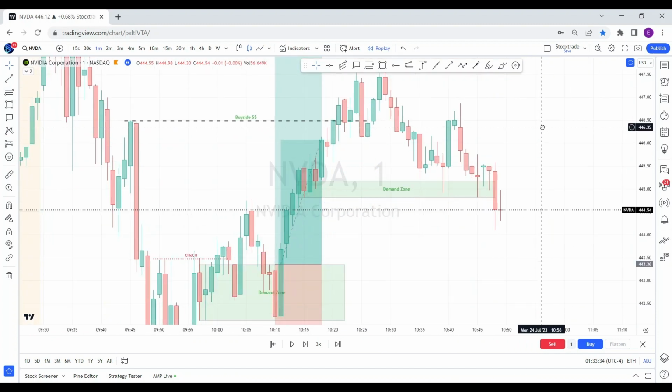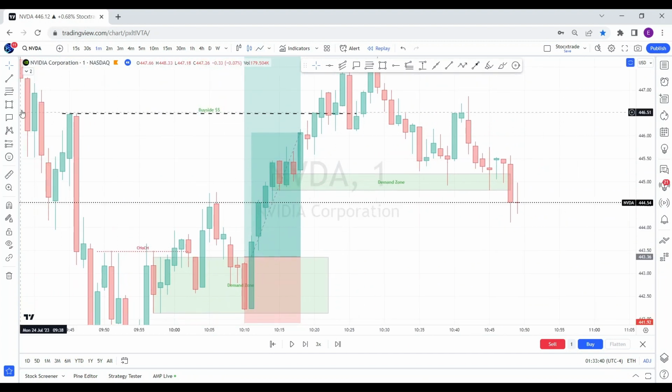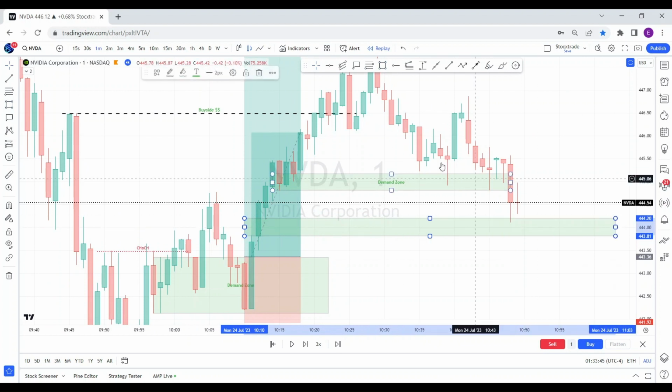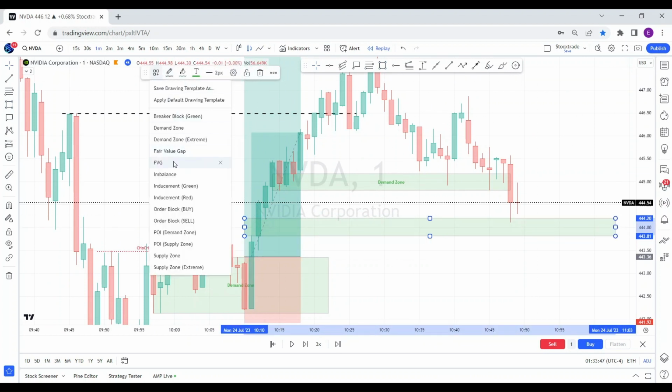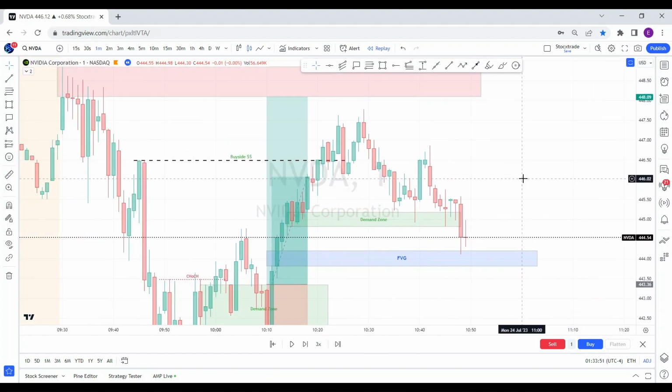Now the stop loss, if you take the trade from here, has been hit. So let me tell you what it is doing right now. This gap, the fair value gap, it came to get the fuel from this fair value gap.